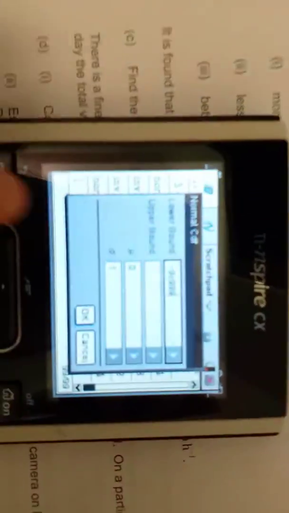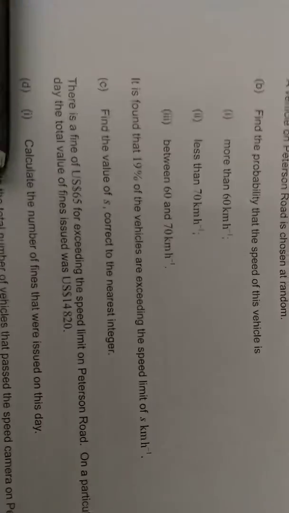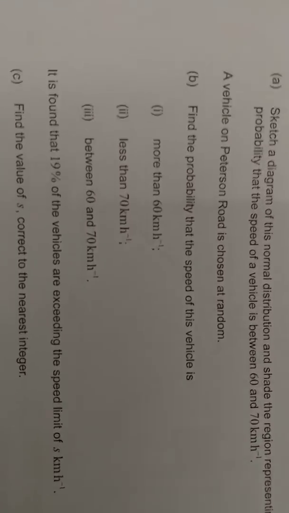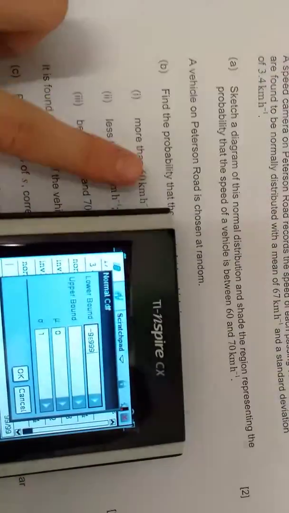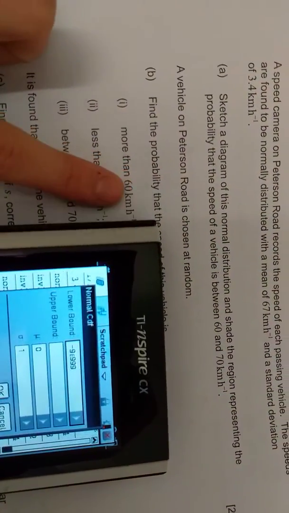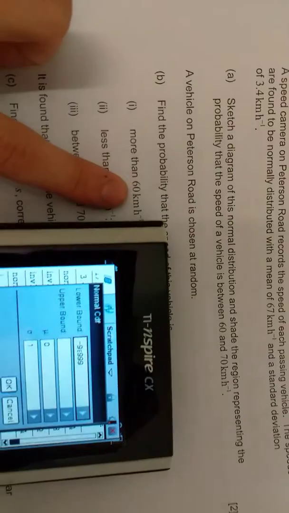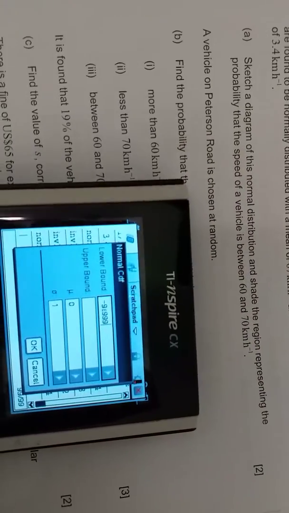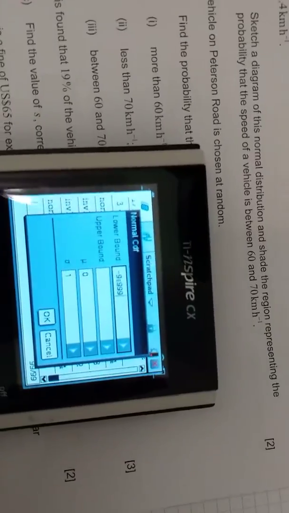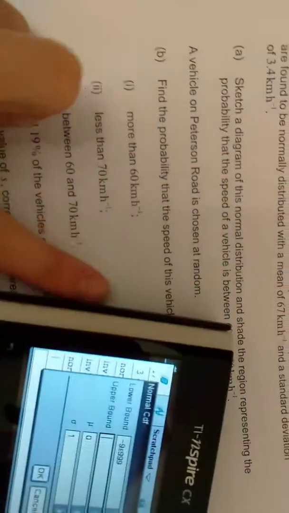We get this. So the question says, find more than 60 kilometers per hour. So 60 is the minimum value. It is the lower bound of the normal distribution curve. That's why there is no upper bound.